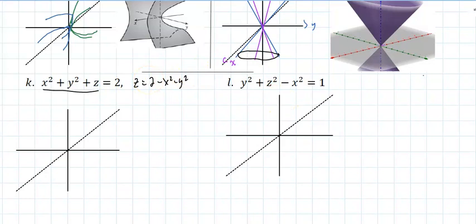Well, if I cover the y, this is along the zx plane, 2, and opening left and right. If I zero out the x, this is along the yz plane, traditional xy plane, and z equals 2 minus y squared.